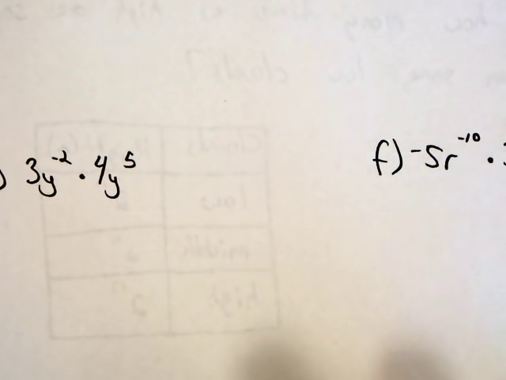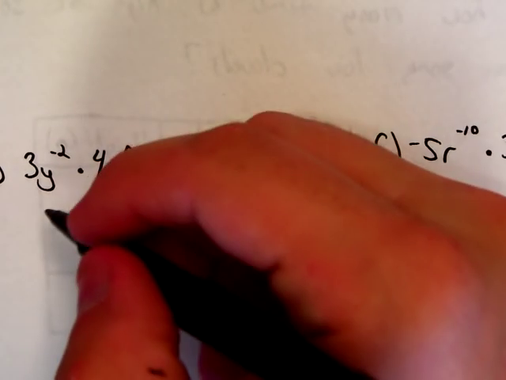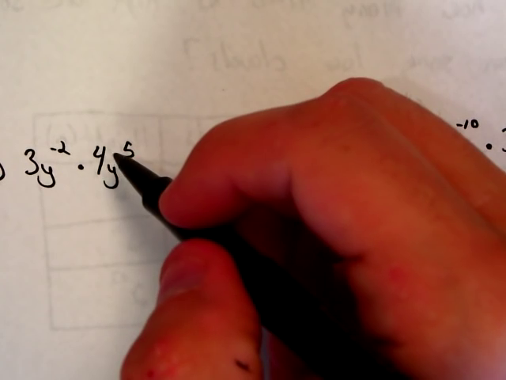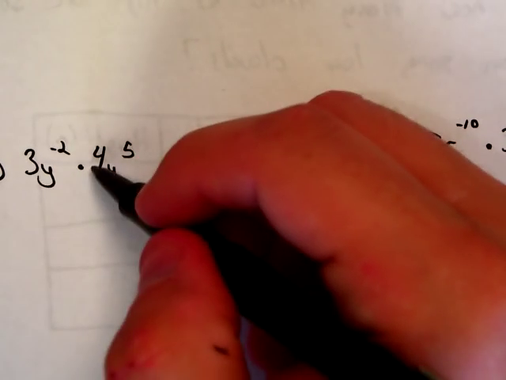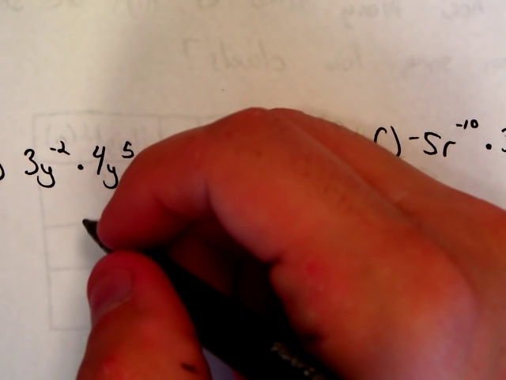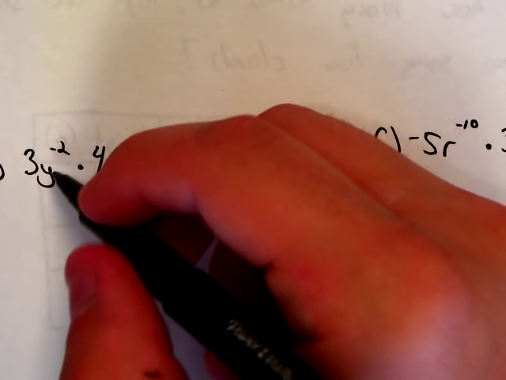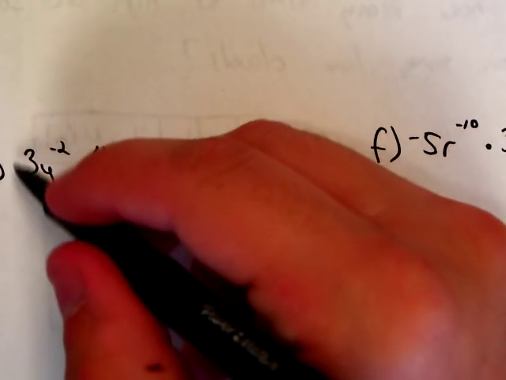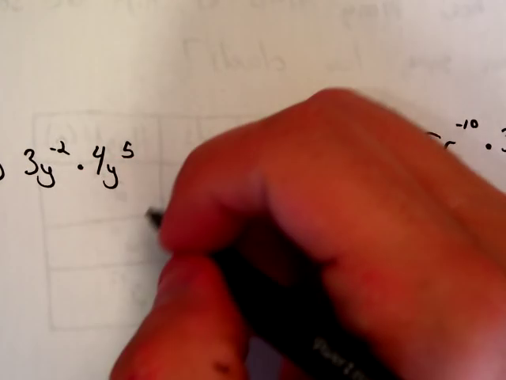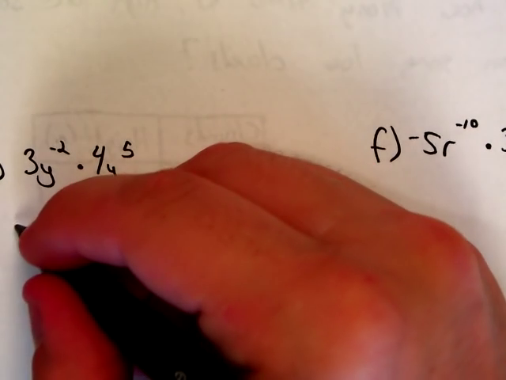Now, E and F get a little bit more tricky, but my process is I want to get the coefficients, which are the numbers up front, together. And I can do that because of the commutative property. Commutative property says it doesn't matter what order I multiply in, it'll still get me the same.